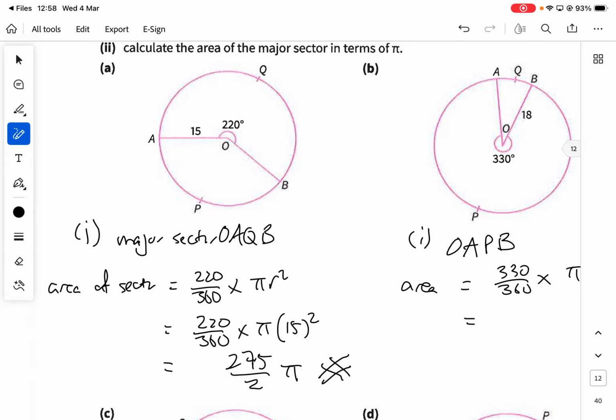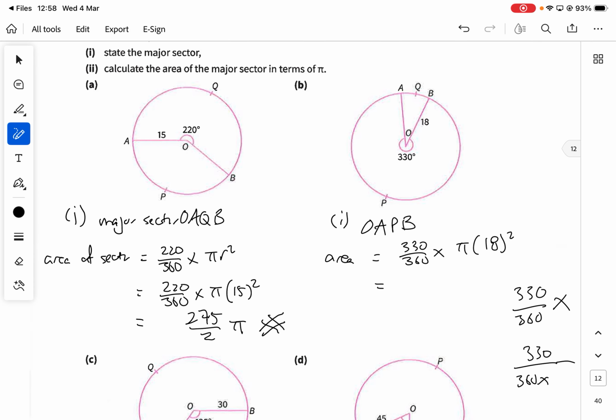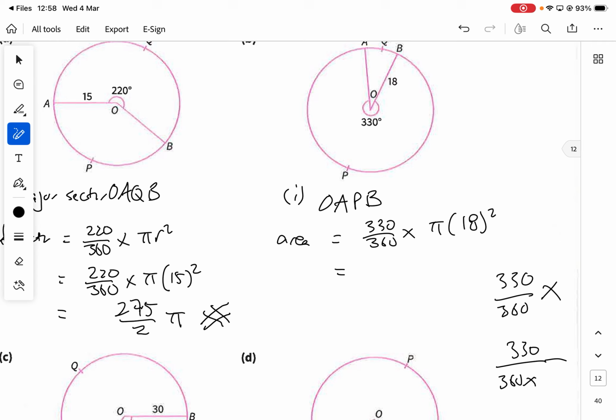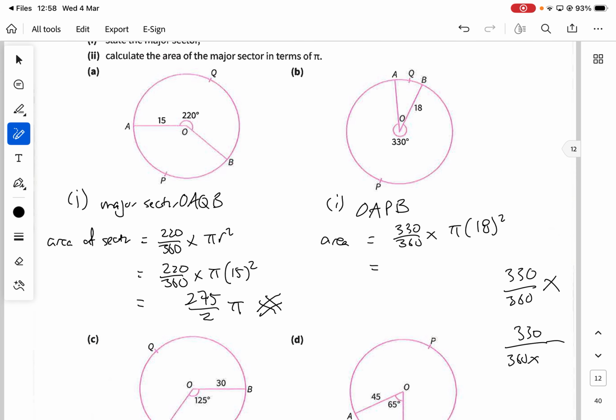Then for the second question, you must find the bigger one. This one, they are asking you to find the bigger one. Okay, so for major, you have to minus. They never ask you to find minor.